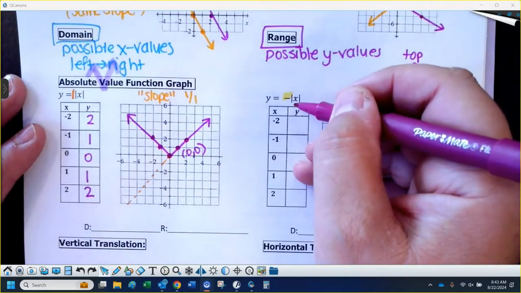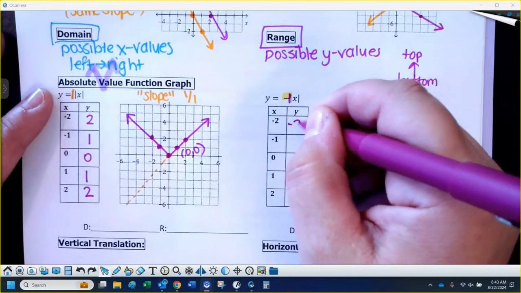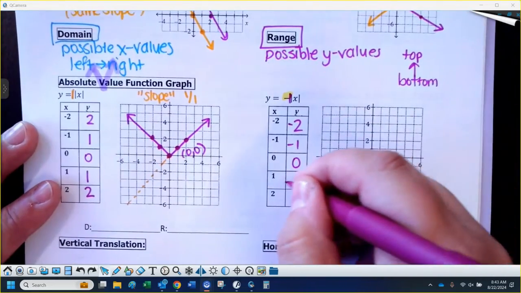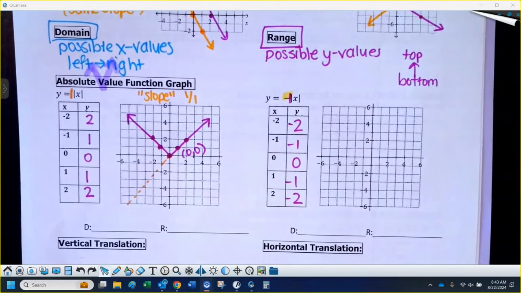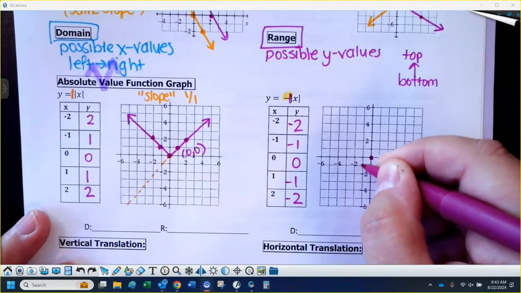So basically what this says here, you have a -1 in front of this, right? So when I plug in the x value, the absolute value is going to make it positive, and then every single one of those values would get multiplied by -1. So that's just going to flip the graph over. 0 will stay 0. But here you're going to take the absolute value, which would make everything positive, and then I have a little -1 in front of that, which makes everybody negative, and it's just going to take your V shape and flip it upside down.